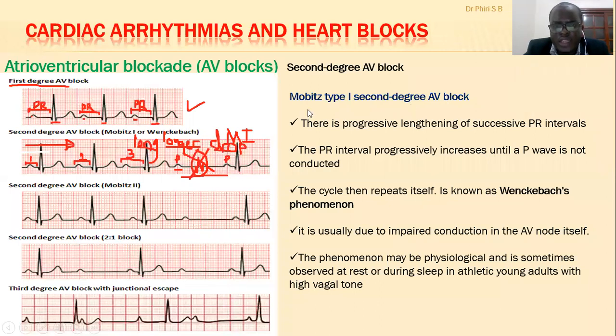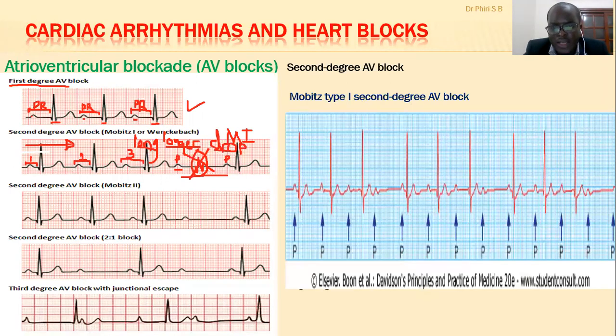Okay, so you can see in Mobitz type 1, we said there's progressive lengthening of successive PR interval, and then sometimes you have a dropped QRS complex because a P wave is not conducted to the ventricles. So this is Mobitz type 1 or Wenckebach heart block. So in this diagram, you can appreciate that as well. You can see that you have progressive elongation of PR interval, then later on you have a drop in QRS complex.